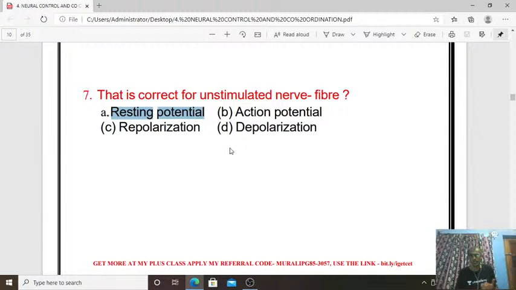So the answer is A: resting potential, where the nerve fiber is not stimulated, meaning it is not conducting any kind of impulse. For question number 7, A is the right answer. Got it?